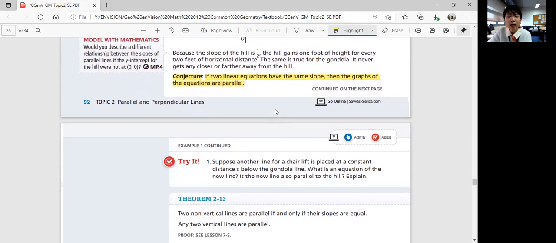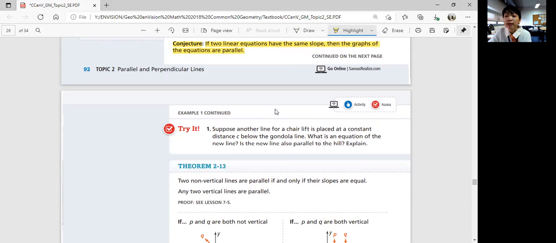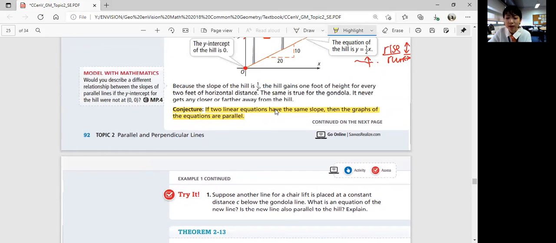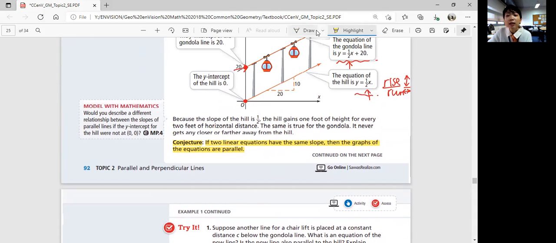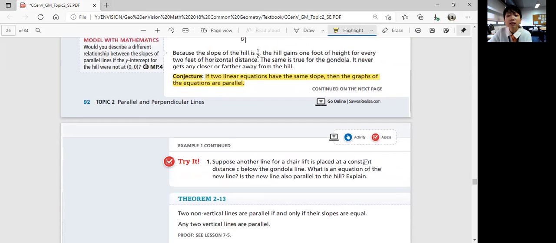So let's try number 1. Suppose another line for a chairlift is placed at a constant distance c below the gondola line. What is an equation of the new line? Is the new line also parallel to the hill? Right? It says it's still at a constant distance below the gondola line.